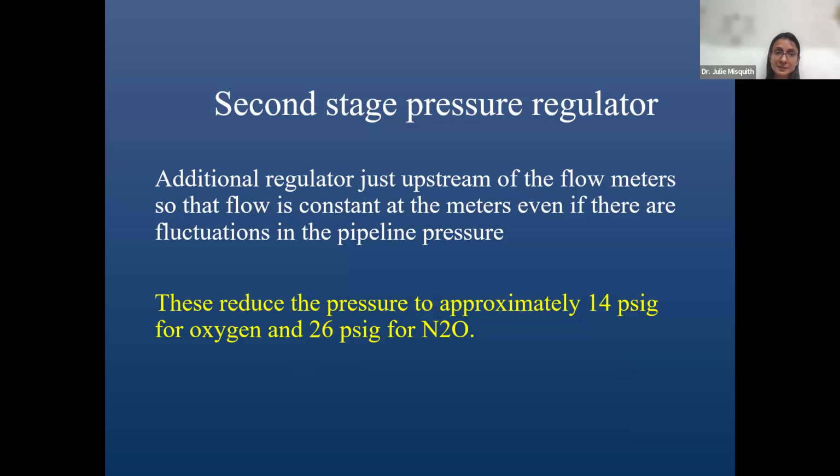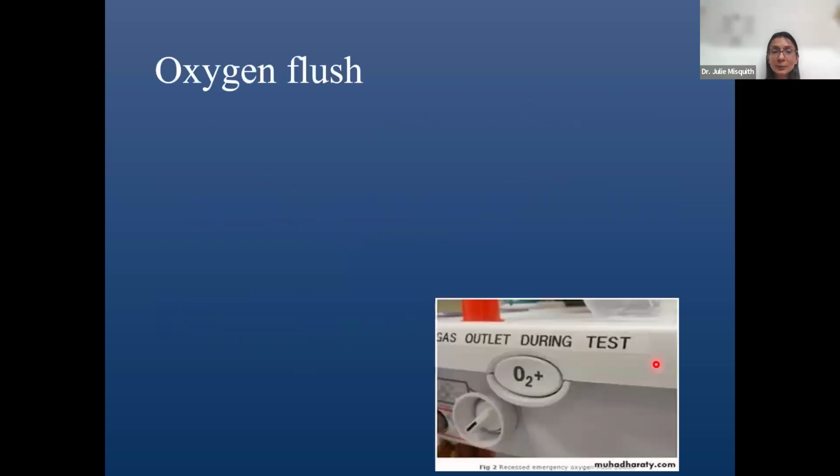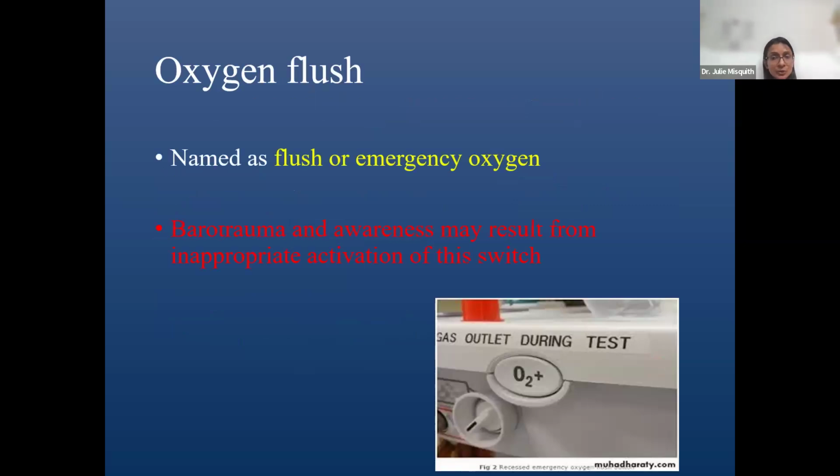Now, coming to oxygen flush, which we commonly use, this switch directs the high pressure flow of oxygen to the common gas outlet from the source, either the pipeline or cylinder, bypassing all intermediate meters and vaporizers. This is also called emergency oxygen.